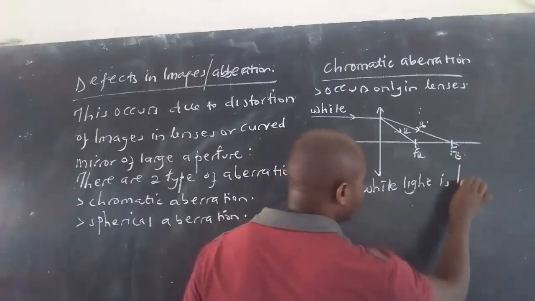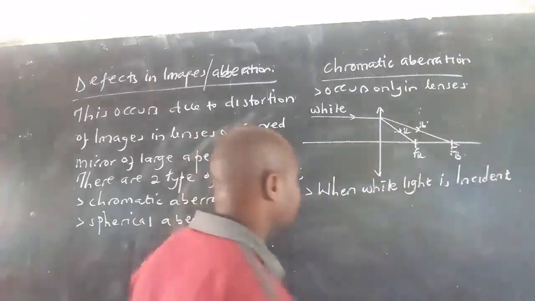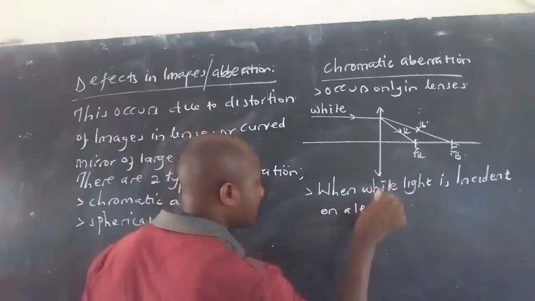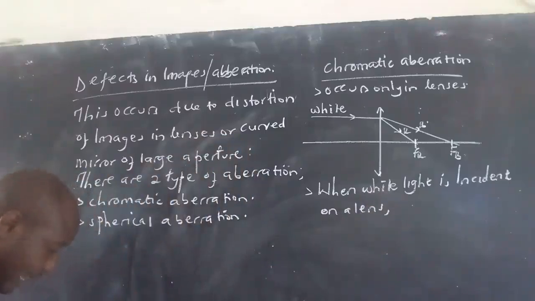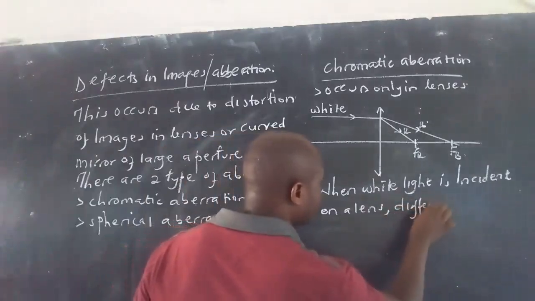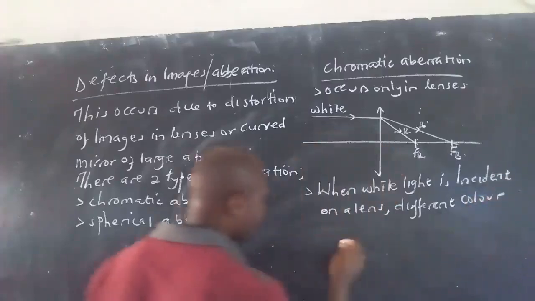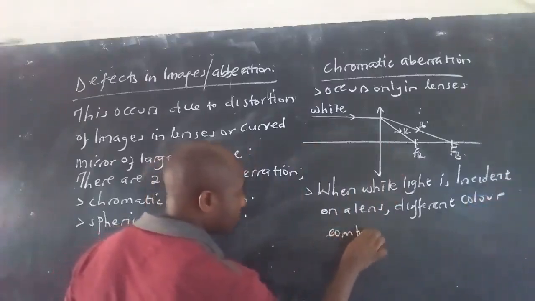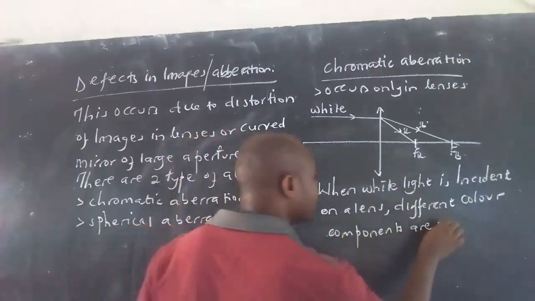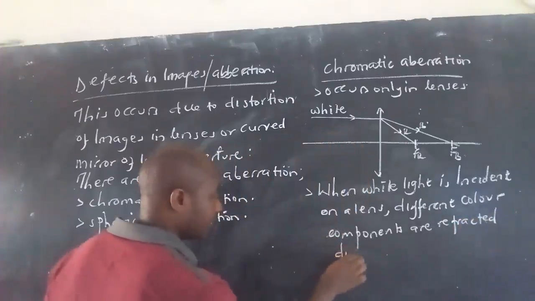So we shall now say when white light is incident on a lens, the different color components are refracted differently.